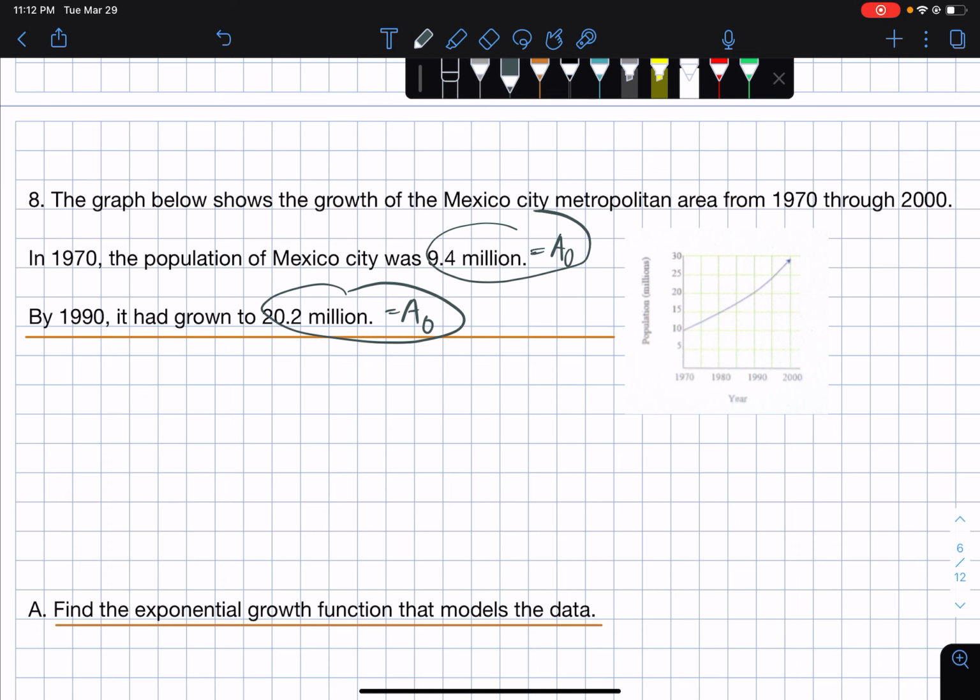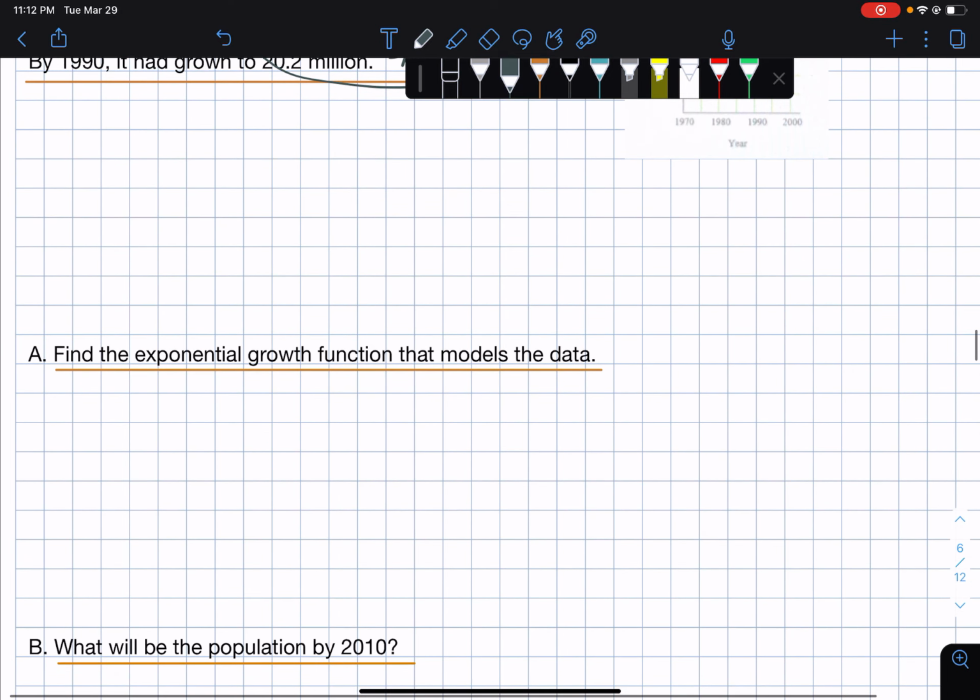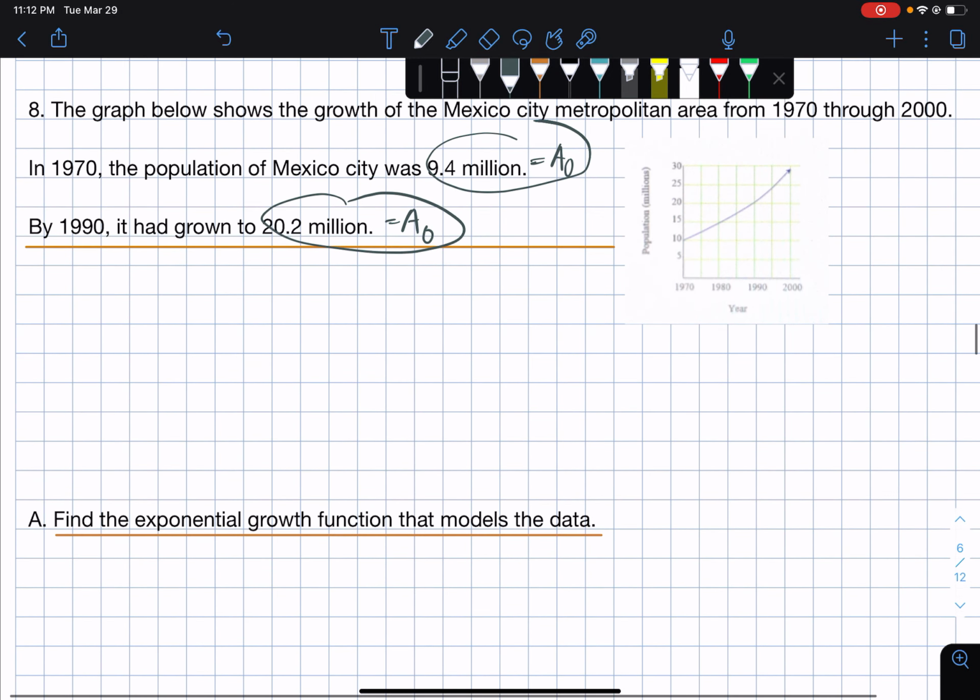So let's go to letter A. Find the exponential growth function that models the data.